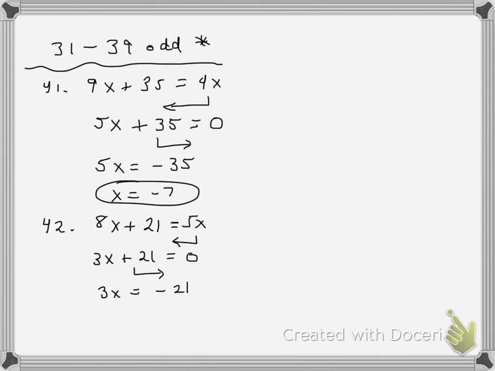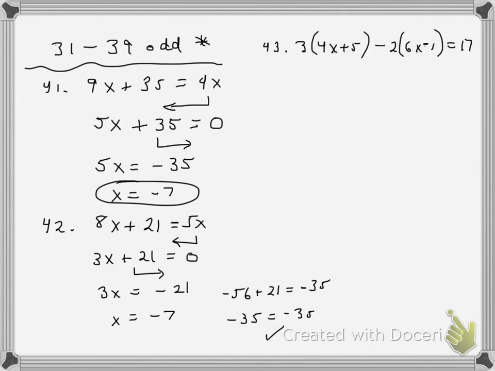Divide. x equals negative 7. Check that out and make sure that works. We get negative 56 plus 21 equals negative 35. Let's see, we're going to take the difference. 5 minus 2 is 3. Negative 35 equals negative 35. So, not sure why that's tricky. Let's look at the next one.